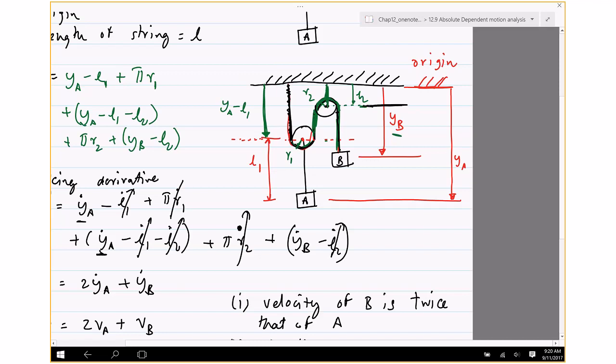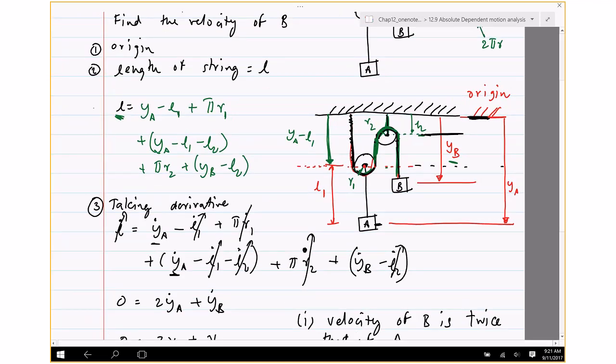You fix the origin, L2 disappears, and instead of specifying YA as the distance from the origin to here, you can just specify YA to be the distance from here all the way to here, because the motion of this point on the pulley and the motion of A is the same. So in the next few problems, we'll try to simplify this as much as possible so you're not writing this big an expression. We'll bring it down to only terms we care about. This will become obvious when I solve problems.